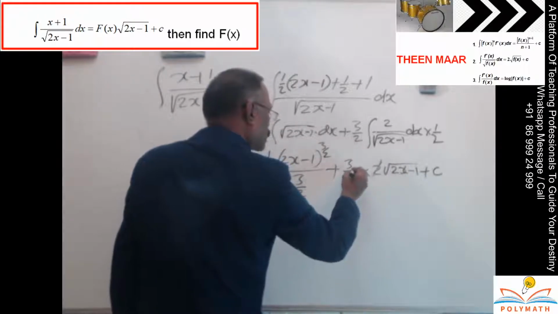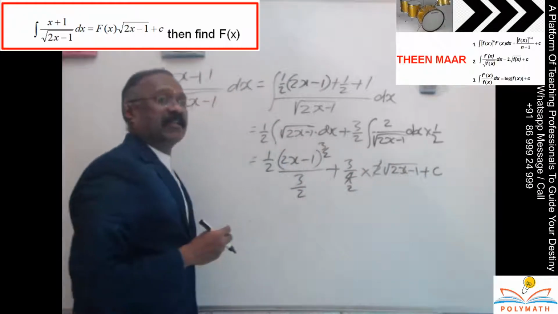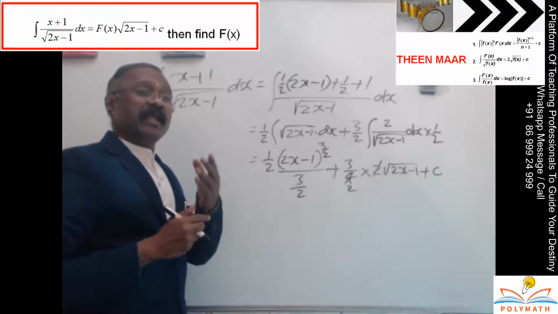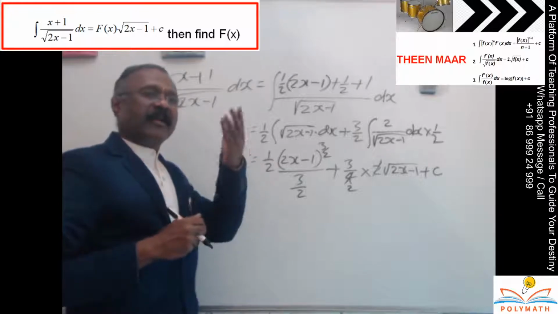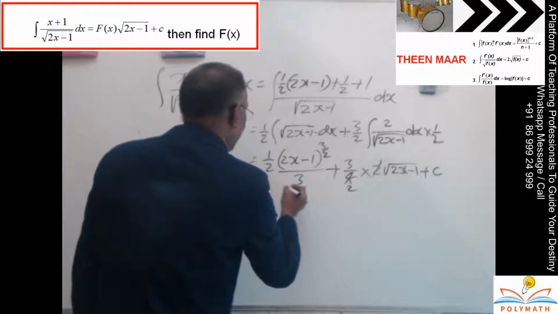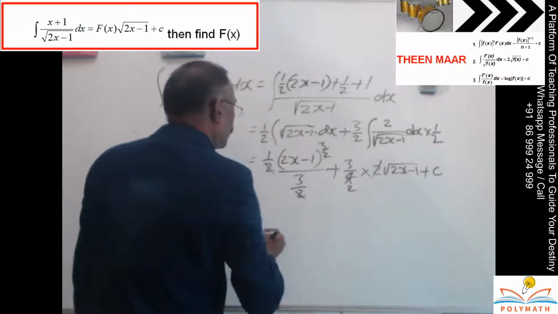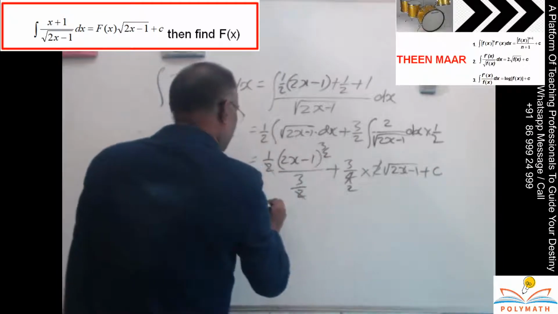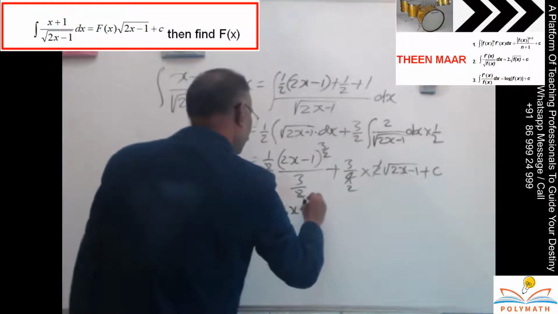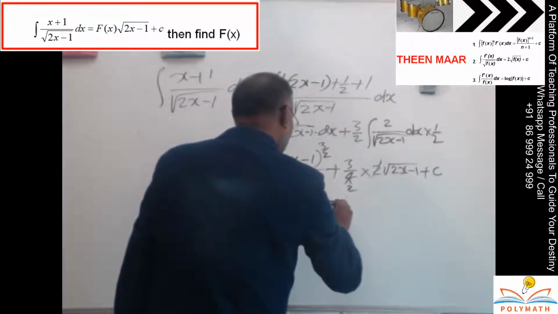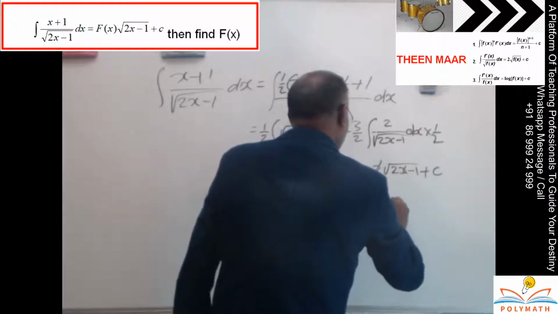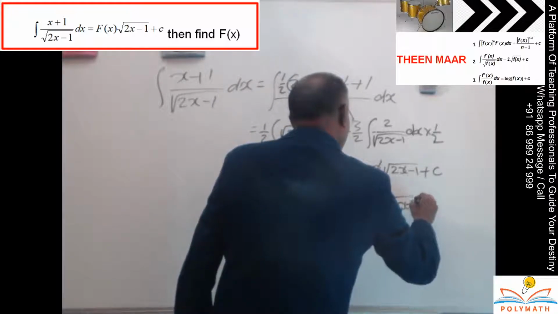Now, if you simplify this, but in that problem, we don't need the answer there because he modified this and he gave some function there, f(x). So you have to get it to that form. So what is that I'm doing? I'm taking this 2 getting cancelled here, and 3 into, this can be written as 3 into (2x - 1) into root 2x - 1 plus 3/2 root 2x - 1 plus c.